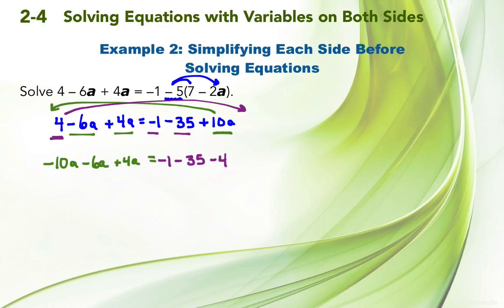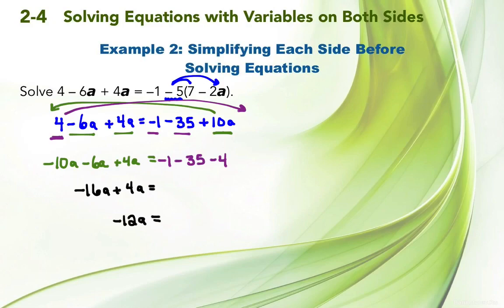So now I can just combine like terms. I got all my a's on the left, all my numbers on the right. So I have negative 10 and negative 6. That's negative 16a. I'm going to do this as just 2 steps, just to stretch it out here. And then negative 16 plus 4, that's going to be a negative 12a.